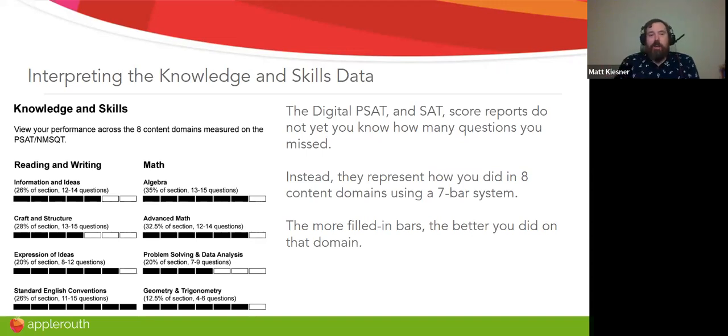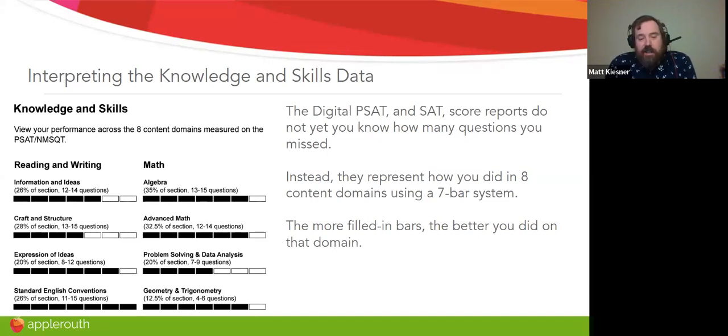How do you know what you got right and wrong? And the answer is that with the test becoming digital and shorter and adaptive, the advantage the student gets is that it is a shorter test, and there are fewer questions.